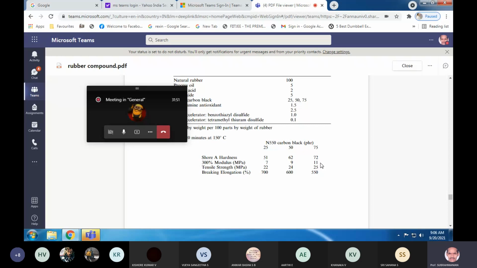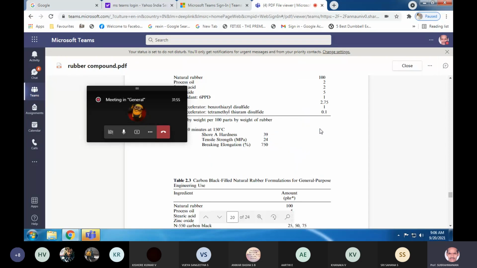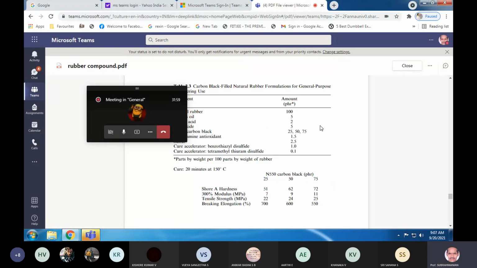NR is a very poor candidate. There are compounding techniques that can solve these thermal issues, but they are not so common.